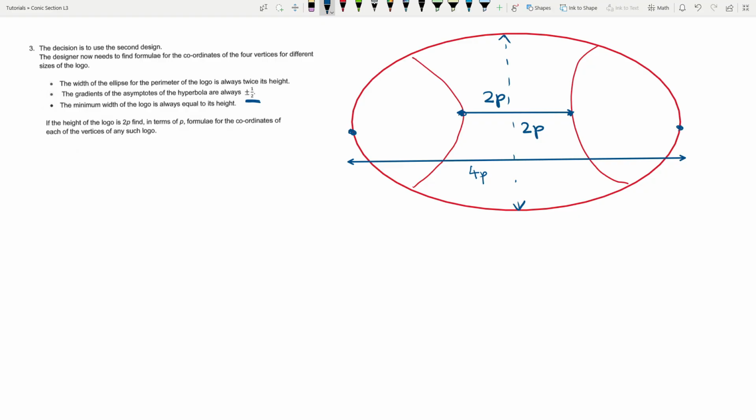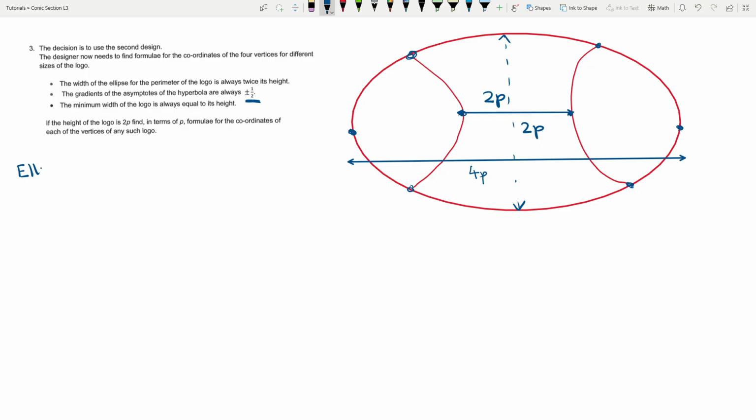And now let's find the coordinates. I think we have to find these coordinates. But first, let's find the equations of the ellipse and the hyperbola.